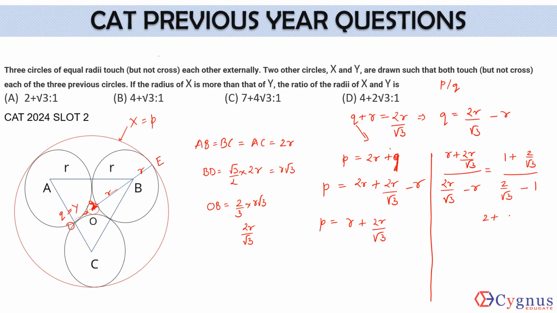We get 2 plus root 3 divided by 2 minus root 3. And when you rationalize this, what do we get? We'll multiply it by 2 plus root 3. So the numerator becomes 2 plus root 3 whole square. And the denominator will become what? 2 minus root 3 into 2 plus root 3.